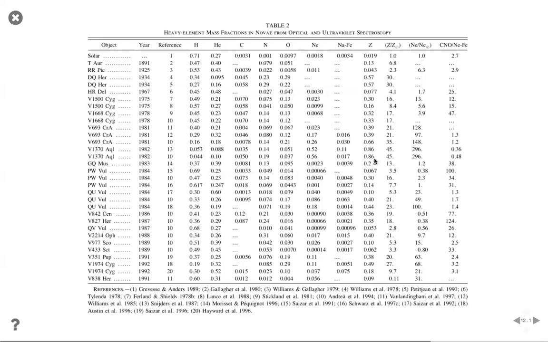So this means that these high abundances are actually evidence that during nova explosion, or some researchers say before, but I believe during nova explosion, like I showed in the previous movie, material from the underlying white dwarf, which is made of carbon and oxygen, was mixed into the hydrogen-rich envelope, was dredged up.